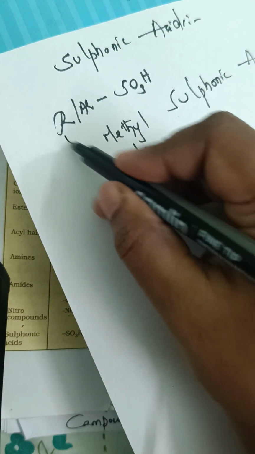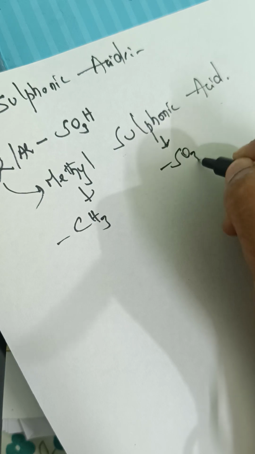Now here they have taken methyl sulfonic acid. Methyl is nothing but alkyl group. The formula for methyl is CH3. The formula for sulfonic acid, already it is given in your textbook, is bond SO3H.